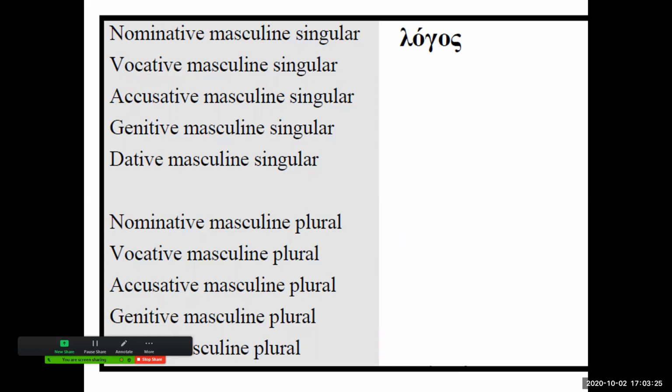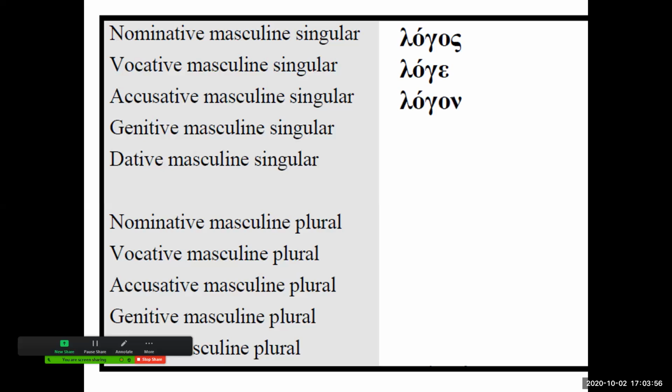So we have 10 forms that a noun in a second declension, there will be other declensions. You'll find out what a declension means. There will be 10 forms in the second declension masculine nouns. And these are all masculine nouns like logos. The forms are as follows.